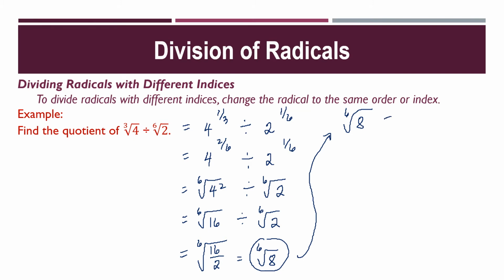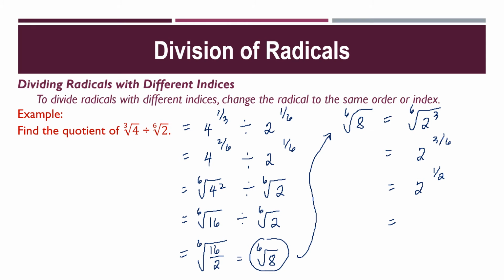First, let us rewrite 8 in exponential form. 8 is the same as 2 raised to the third power. If we rewrite this radical expression in exponential form, this will become 2 raised to 3 over 6. As you can see, the exponent 3 over 6 can still be reduced to lowest terms, and that is 1/2.